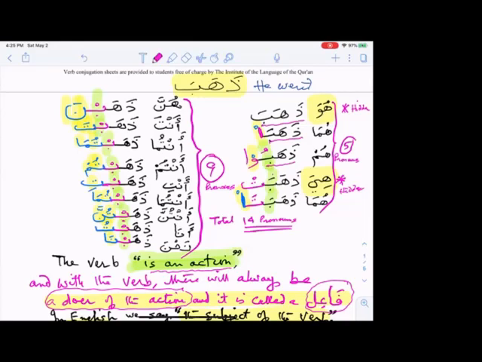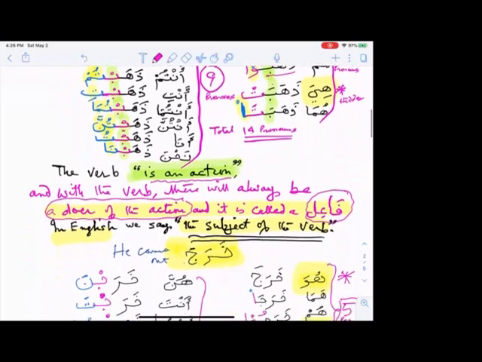Anti zahabti, antuma zahabtuma, antunna zahabtunna. Ana zahabtu, nahnu zahabna.